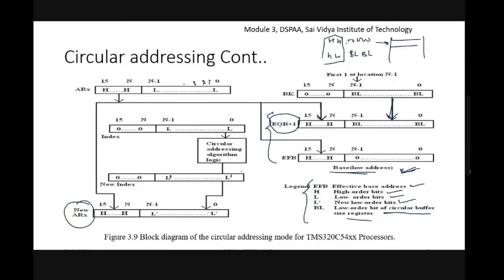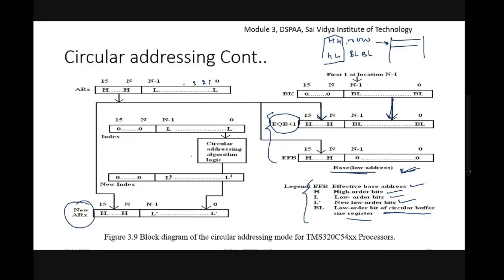And then here is the circular addressing algorithm explanation with the block diagram. In this case, the ARX register content, whatever higher words are there, will be copied directly. And if you see here, the same thing will be copied directly to this. Three places we are copying the same thing. And then here, index calculation: whatever ARX is there, the higher word will be made 0 and the lower word will be the lower significant bits of the ARX register.